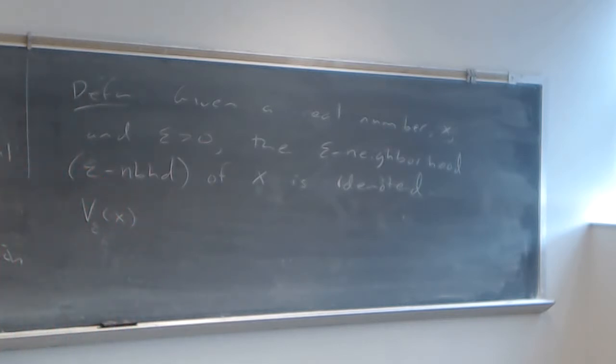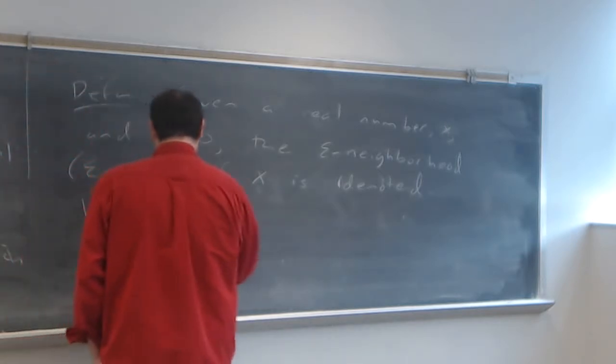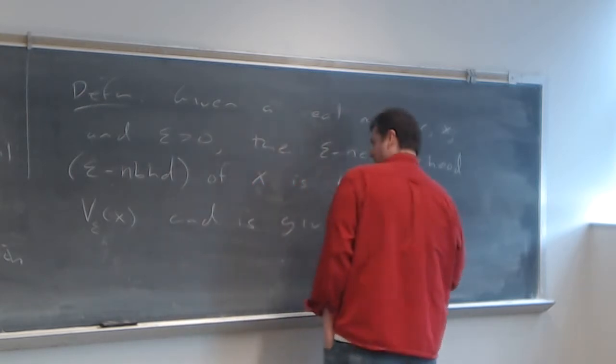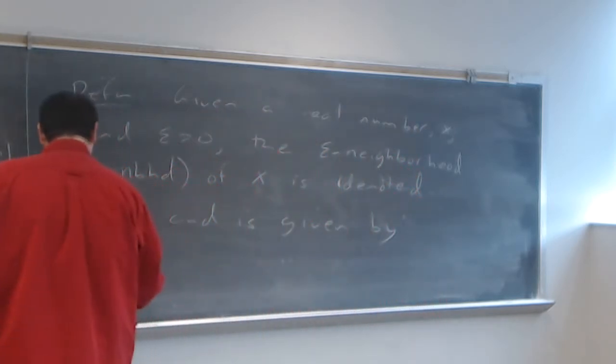A lot of times we use N instead of V. Our book uses V, but a lot of books use N for neighborhood. And it is given by, so here's its definition. That's a symbol.